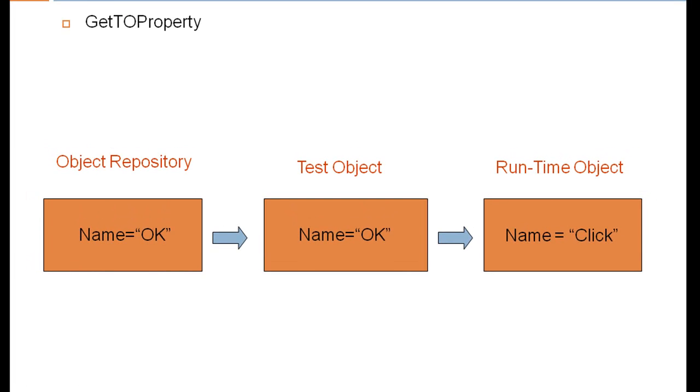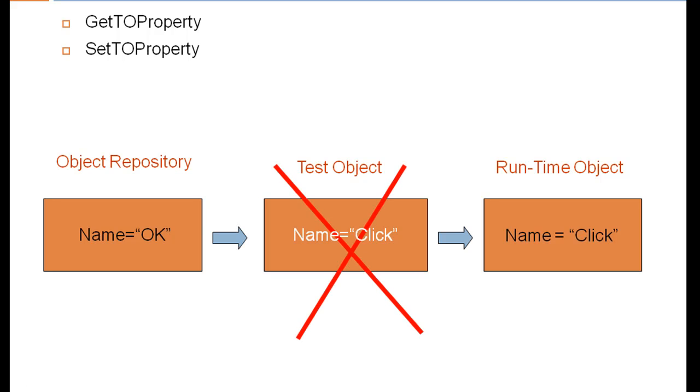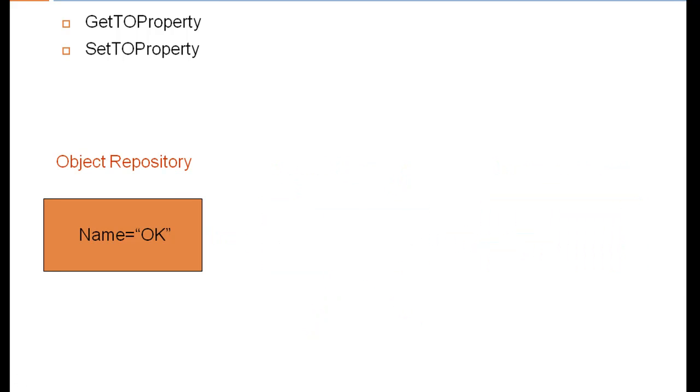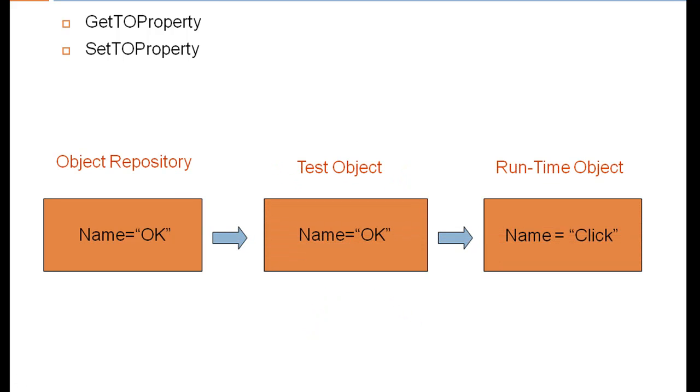Using GetROProperty, you can retrieve the value of a property of a test object. Using SetROProperty, you can change the property value of a test object. When the test is completed, this test object is discarded.